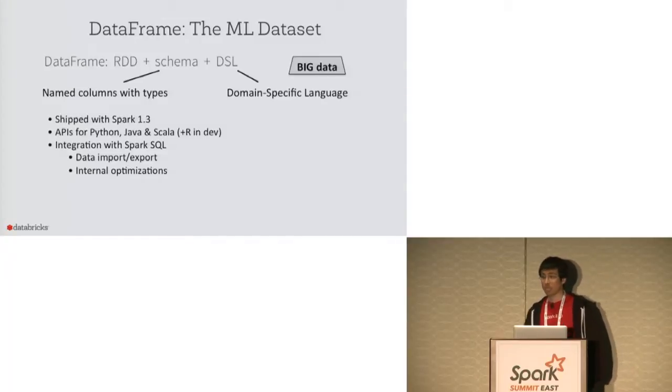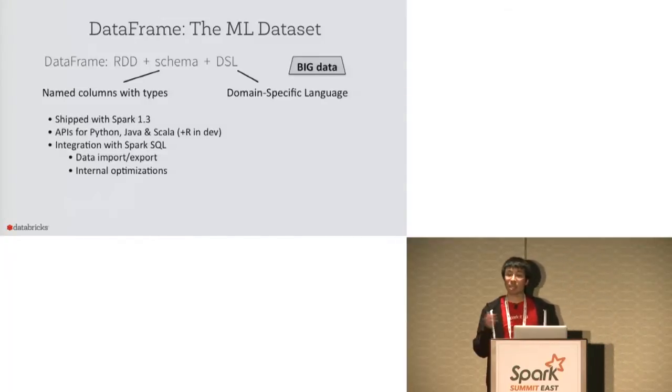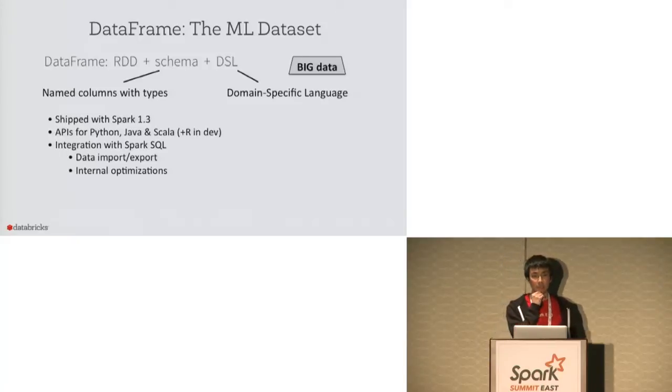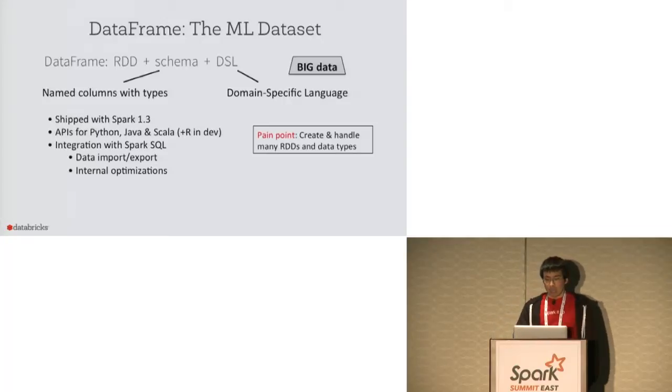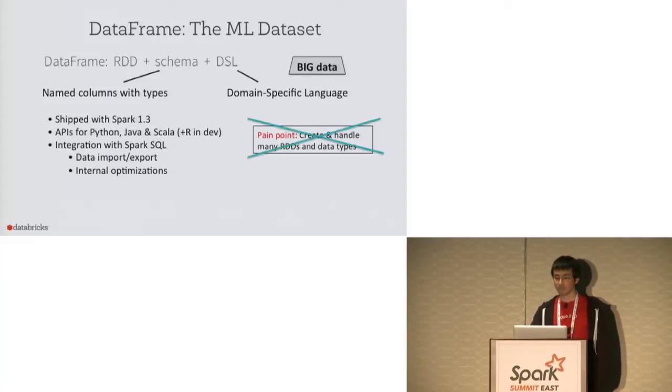There are a bunch of other aspects I can't really get into: APIs in different languages, integration with Spark SQL, which has nice things like data import and export from different data sources, and other optimizations I will mention a little later. But basically, this lets us handle this pain point of creating and handling many RDDs and data types.